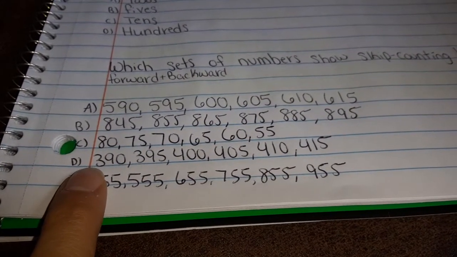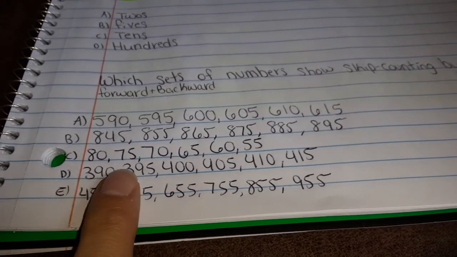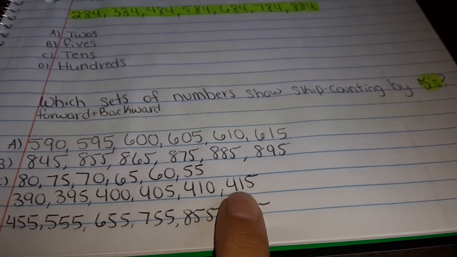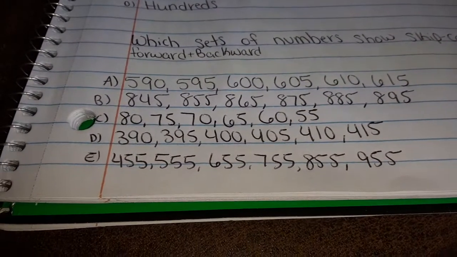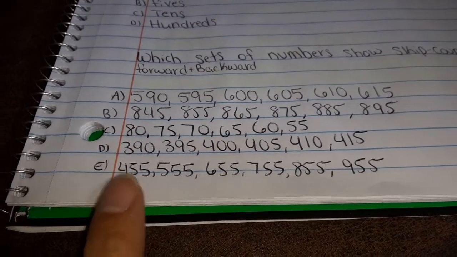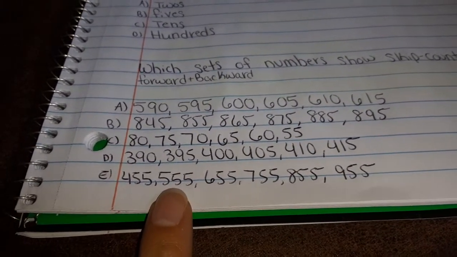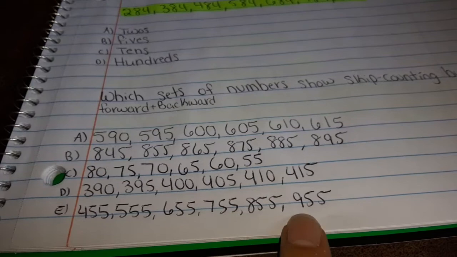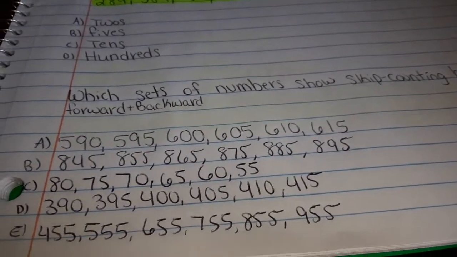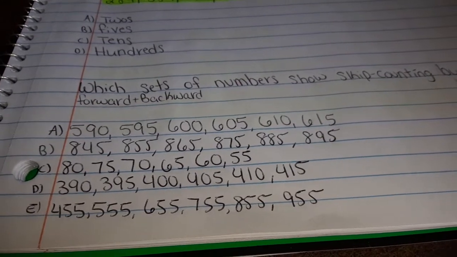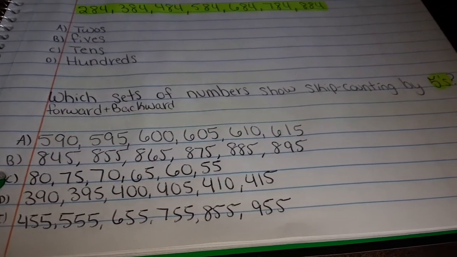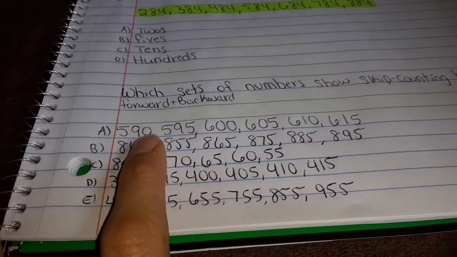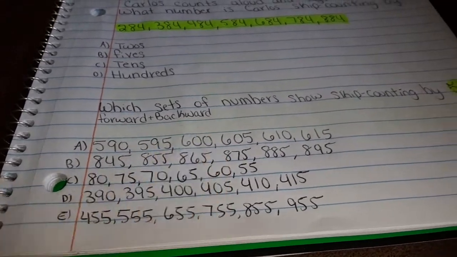Is D one of the answers? 390, 395, 400, 405, 410, 415. Could E be an answer? 455, 555, 655, 755, 855, 955? Remember, don't let it trick you. Just because it has a 5 in it does not mean that it's skip counting by 5s. Make sure to add and see exactly how many numbers are between each one.